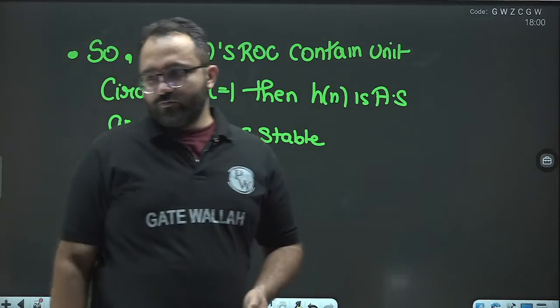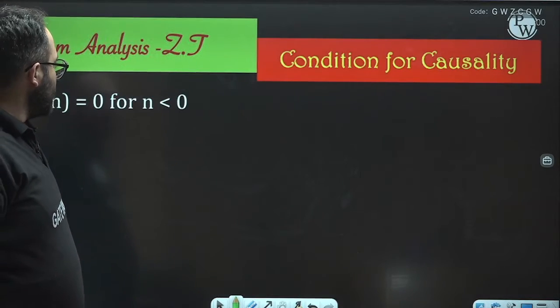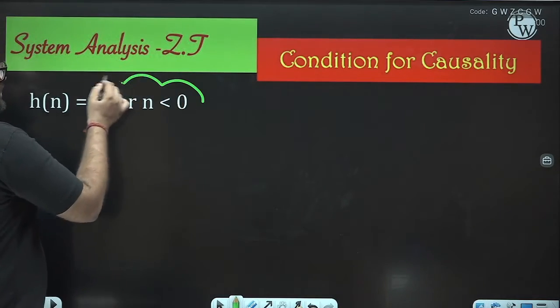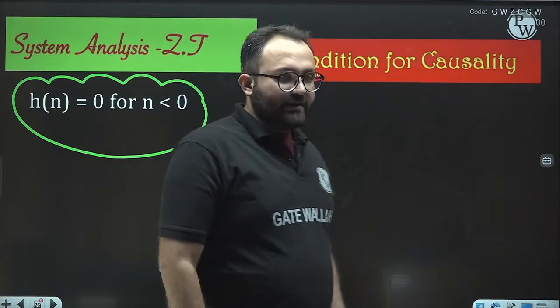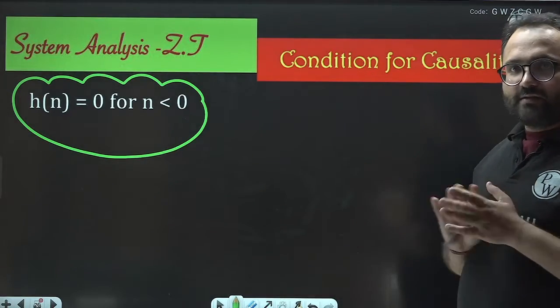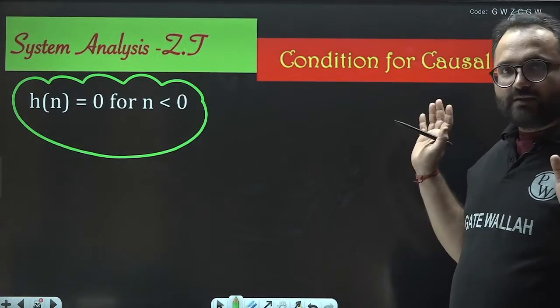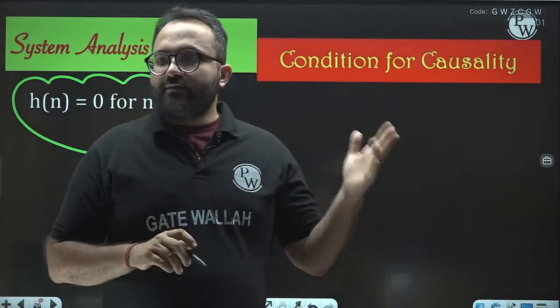Great. Now let's move on to the condition for causality. We know the condition for causality is h(n) equals 0 for n less than 0, which means the signal should be a right-sided signal.